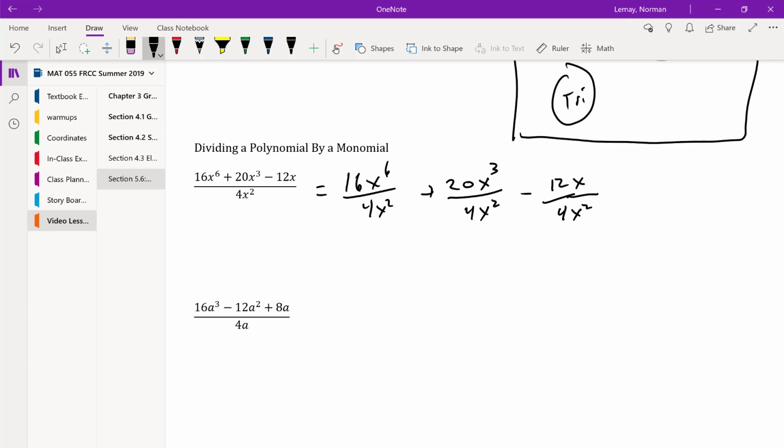So we know that 4 goes into 16 4 times. And now we have x to the 6th over x squared. So remember, we have this rule of exponents that says a to the m over a to the n, we take and subtract the exponent in the denominator from the numerator.